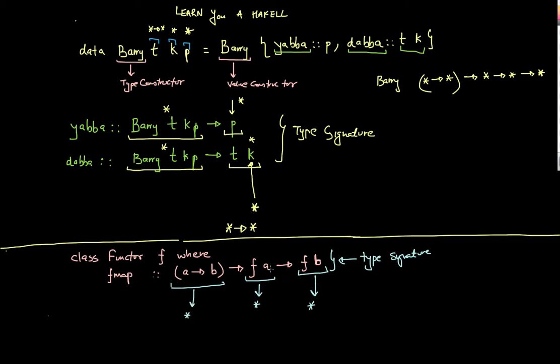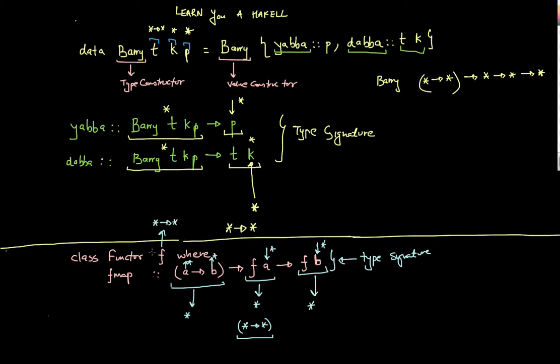If you start from this function here, I see that it has two type variables a and b. a has a kind of star, and b has a kind of star, meaning that the kind for f is that it takes in some concrete type, giving back as an output a concrete type. This is the kind for f. So the kind for this f here goes from a star to a star.